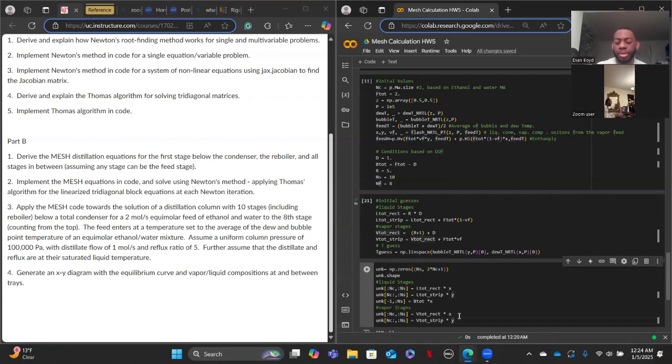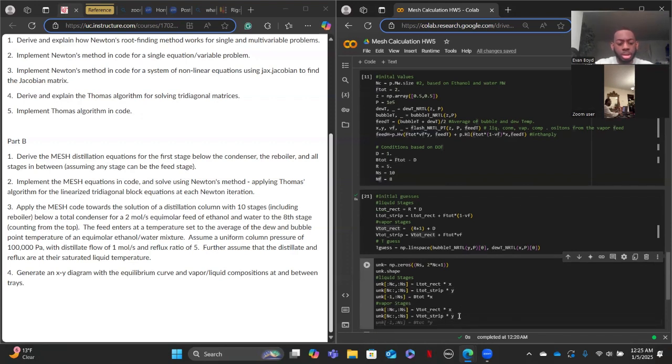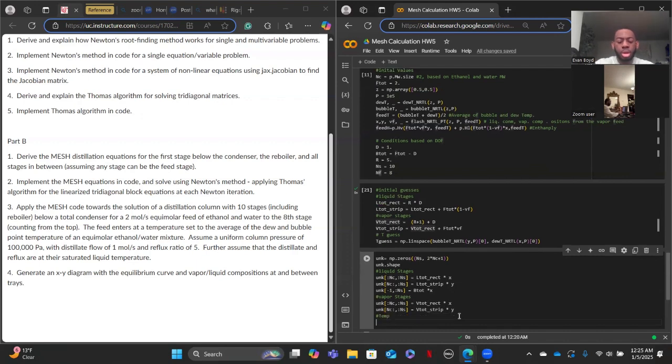And then we have next our T gases, so our temperature, which would just be unknowns of, what do we put here? I guess this would be our last, be -1.